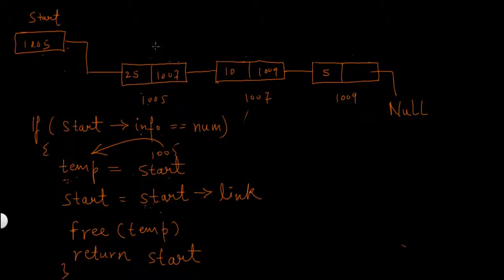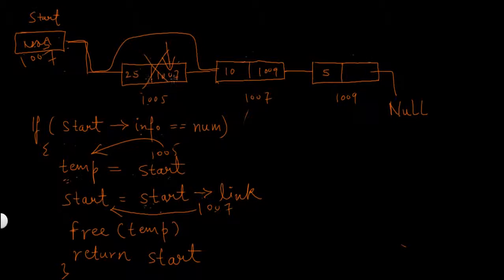Start means first node. So start arrow operator link means the link part of the first node, which according to this example is 1007. So 1007 will be assigned to start. Now start is storing the address of the second node in the list. The second node has become the first node in the list and the old first node has been removed.